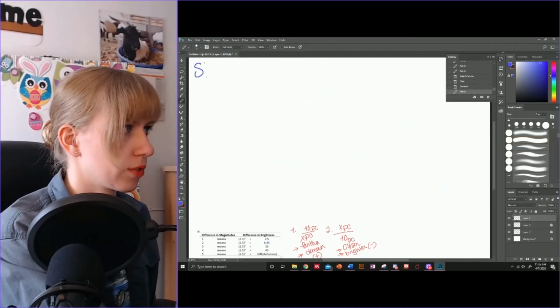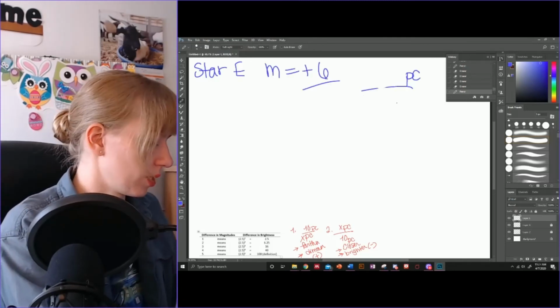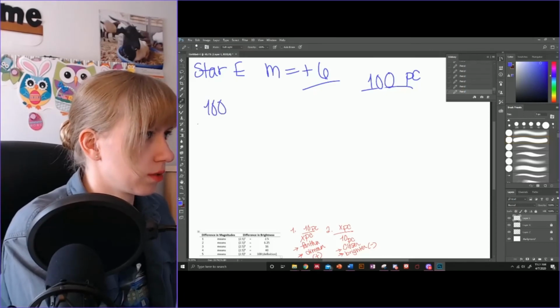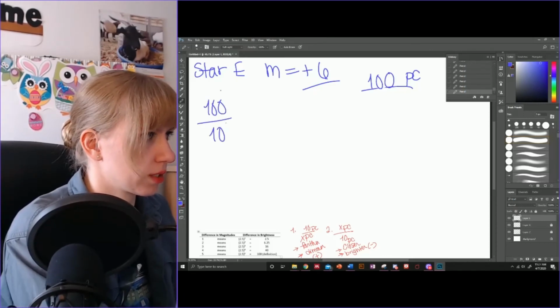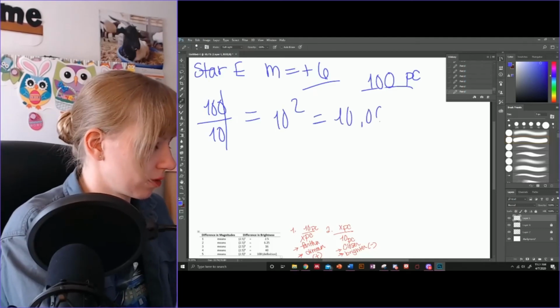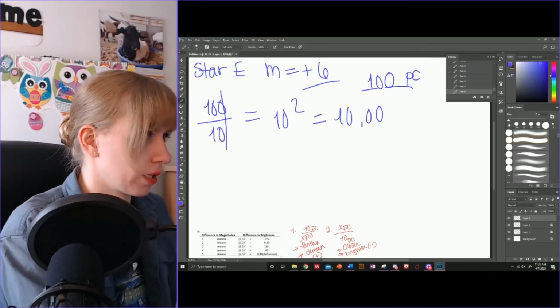In this case we have star E, which has plus 6. Okay, so still pretty dim, and it's 100 parsecs away. Okay, so 100 over 10, again we've gotten rid of the parsecs already, gives us 10. When we square that, we get 10,000. Okay. I'm sorry, 100.